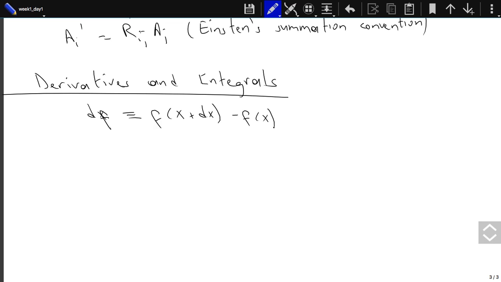So we have this function f, and we are looking at how fast it changes at the point x. To describe it, we take that point x, shift it slightly, and calculate how the function changes. Or in terms of derivatives, we can write this as df by dx times dx. The derivative is the rate of change of a quantity, and if we multiply it with how much that quantity has changed, we obtain the total change in the function.